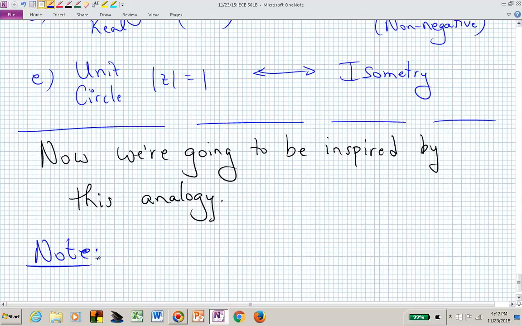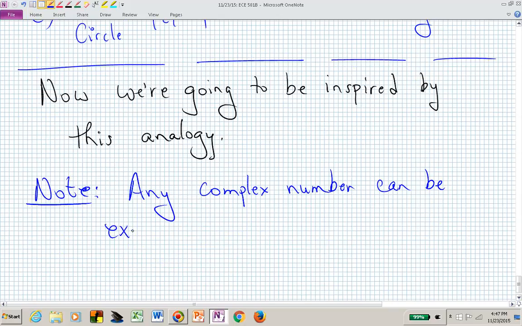Take note or remember that any complex number, as I've mentioned already in today's lecture, can be expressed in polar form.